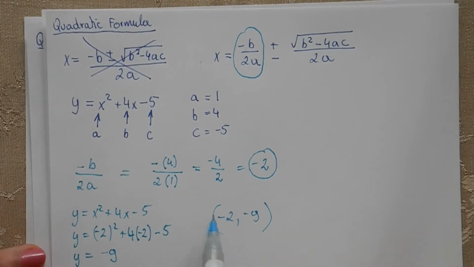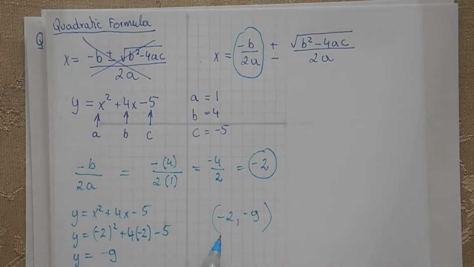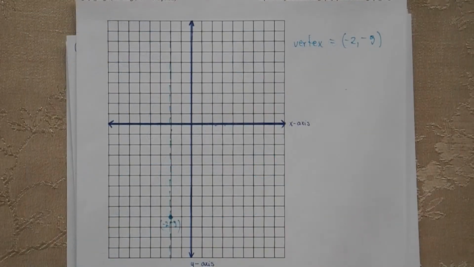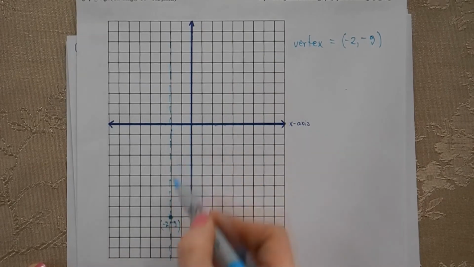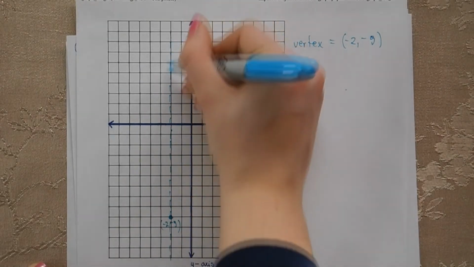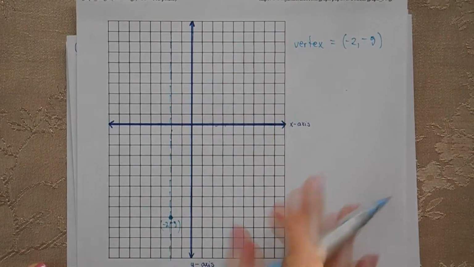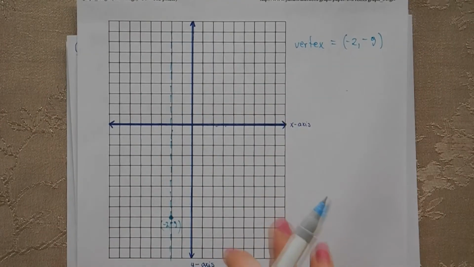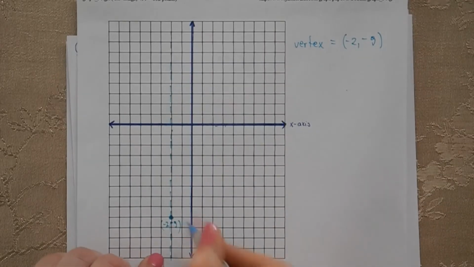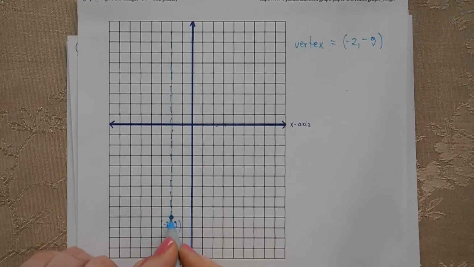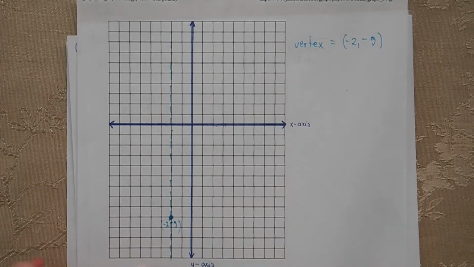I already drew the point negative 2, negative 9. Over here is the line of symmetry. We already have some idea of how our parabola might look. We know that the lowest point will be located right over here.